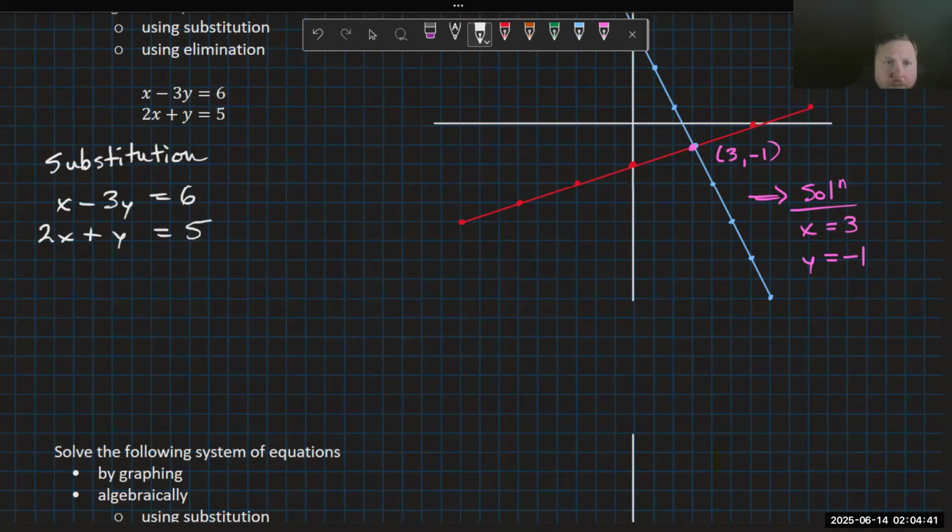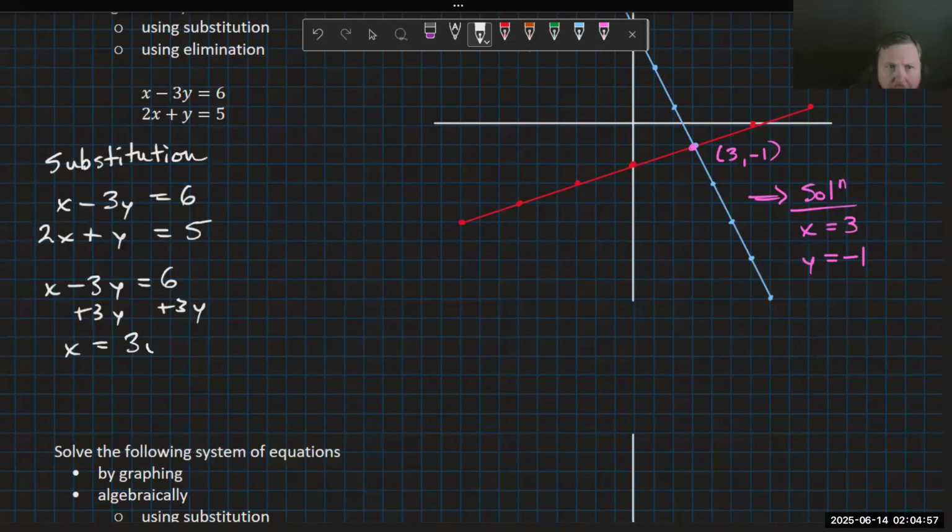So I'm going to solve the first one for x. I'm going to want to add 3y to both sides. So now I have x is equal to 3y plus 6.